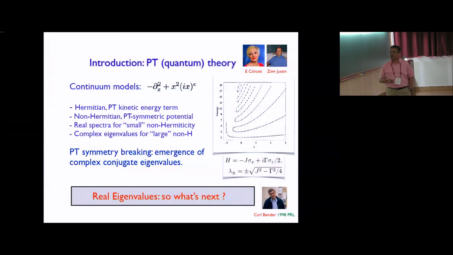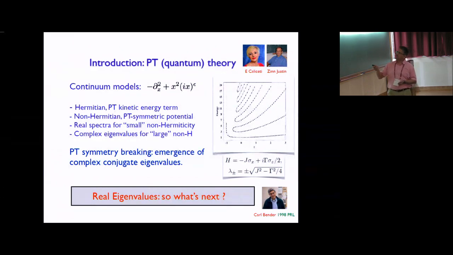I apologize to the experts in the audience, but the history is essentially that you started out by considering some continuum models which had potentials which were not Hermitian, so they looked very unphysical. For example, if epsilon is 1, this is ix cubed, which does not really make any sense. But if you calculate its spectrum, the energy as a function of epsilon, at epsilon equals 1 you find the spectrum to be purely real. That was the bottom line.